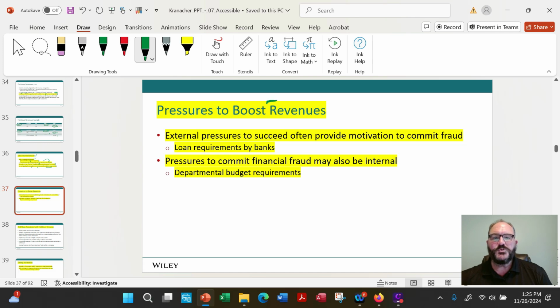Folks are always looking to boost revenues, obviously, right? Sometimes loan requirements from banks, they have certain ratio requirements. The manager may be pushed to hit certain targets. Okay, so again, these are all kind of excuses. At the end of the day, you're not supposed to do this no matter what the pressure is.